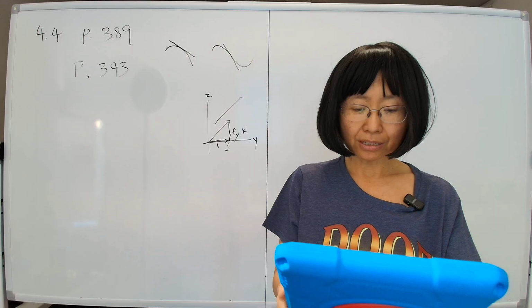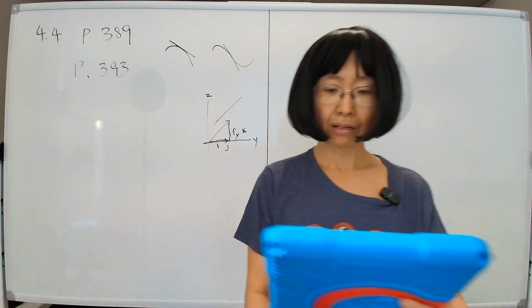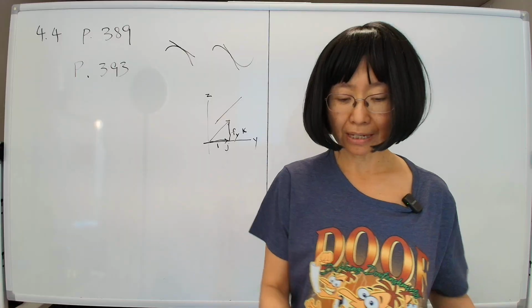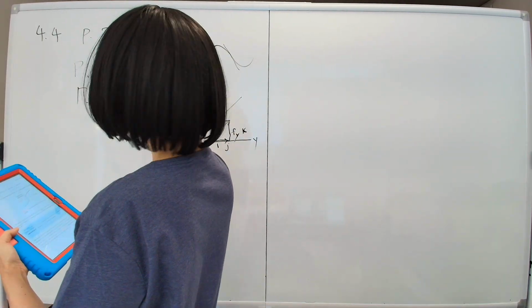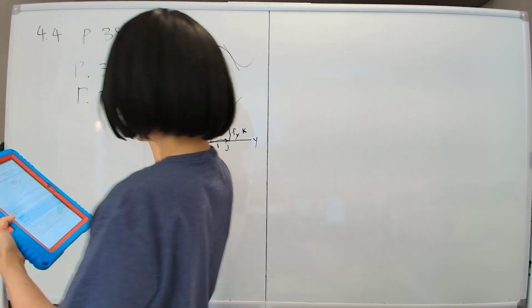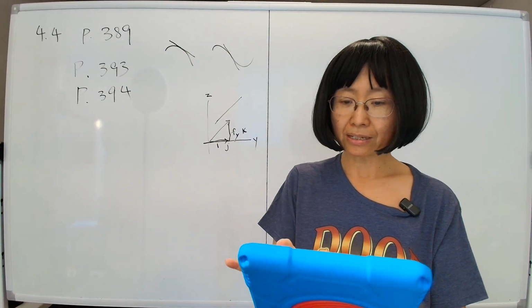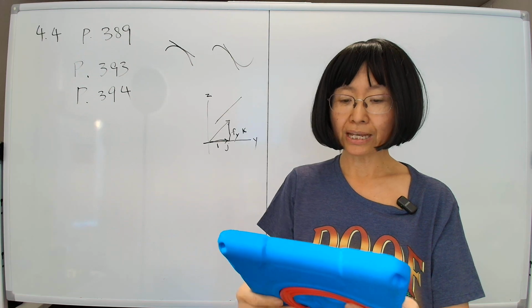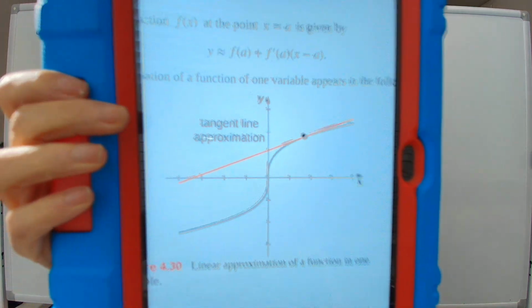Next, let's look at linear approximations on the following page, page 394. What was linear approximation? That just means a quick approximation of a function. You use the tangent line to approximate the function with values that are close to it.